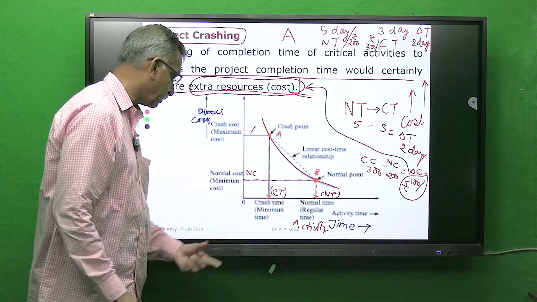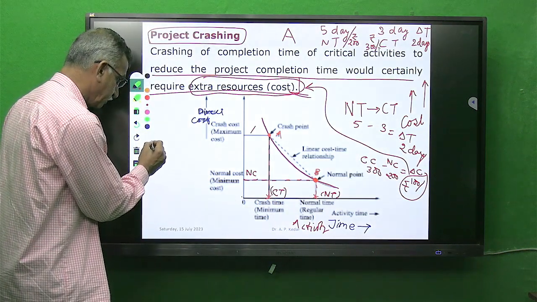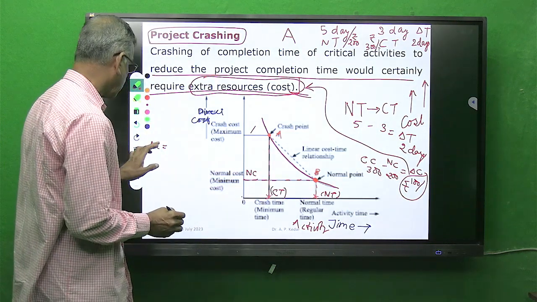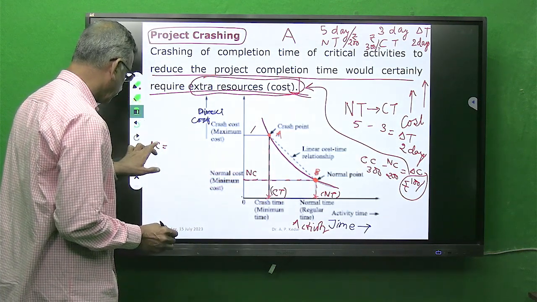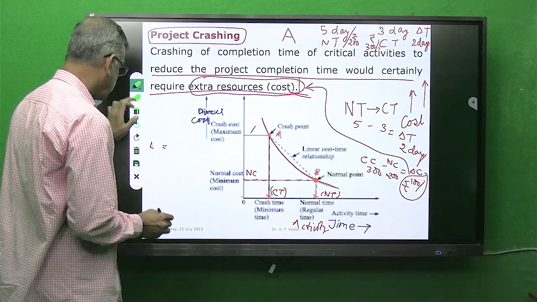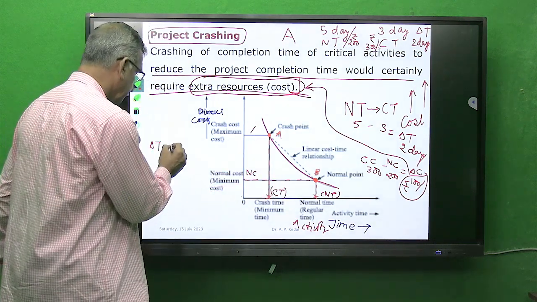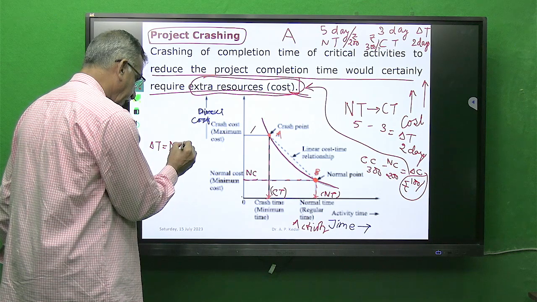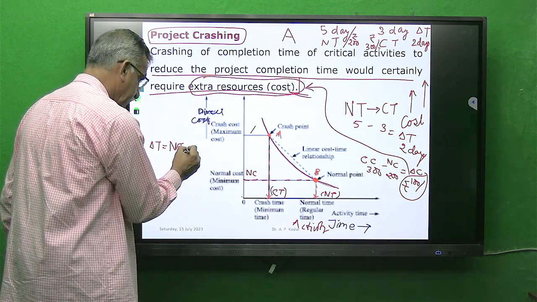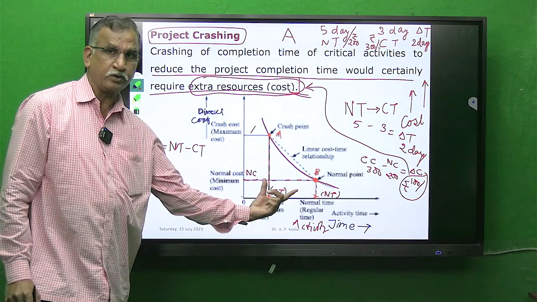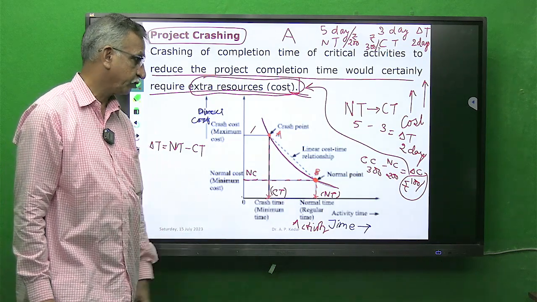And what is that duration? It is delta T. Delta T is nothing but NT minus CT. So this is the time period by which we have crashed the activity.